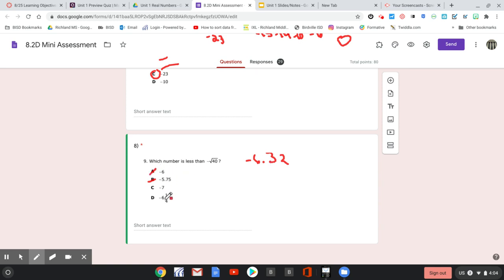This would be -6.25, and that's not smaller. But on the number line, here's 0, here's -6, and -7 would be here. So our answer is -7.